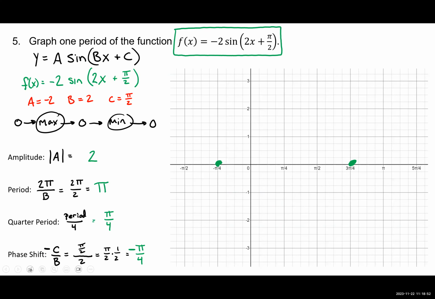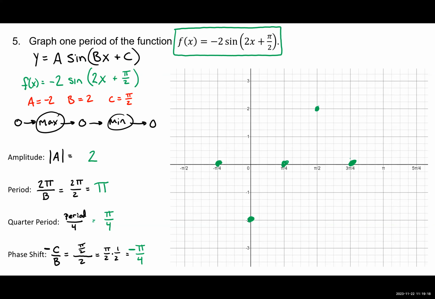The amplitude is 2. So normally the graph would go 0, up, 0, down, and then back to 0. But we have this vertical reflection, so the graph actually starts down, and then goes up.